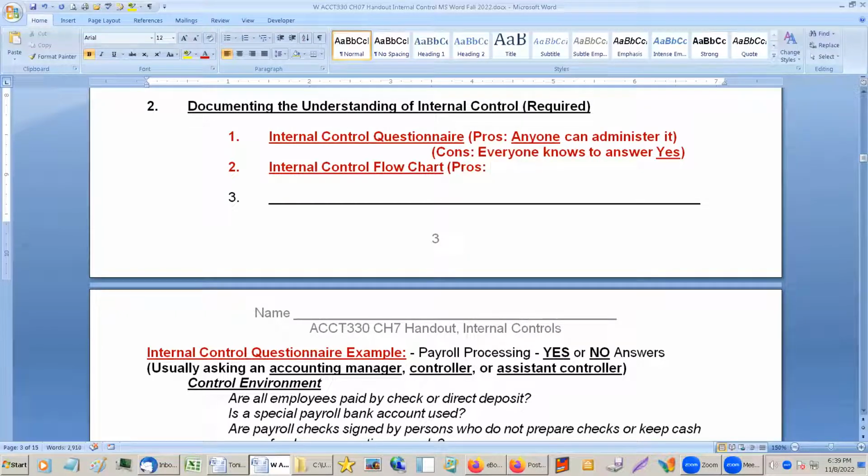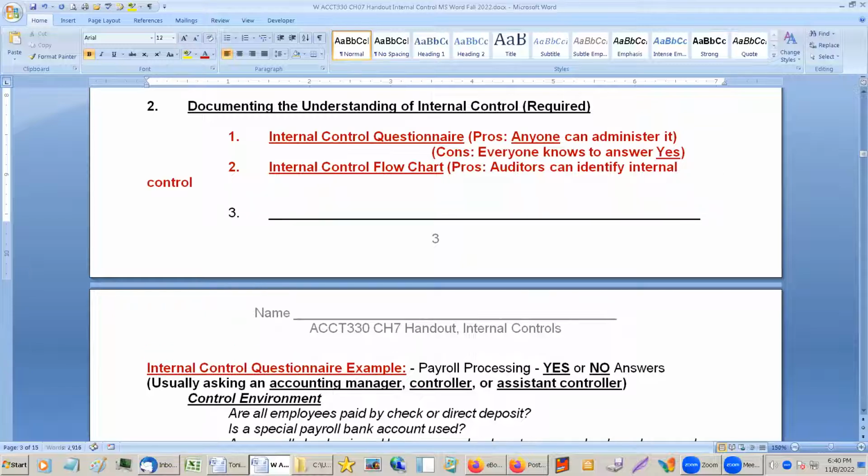Pros: once you get used to using the internal control flow charts, the auditors can identify internal control weaknesses quickly.